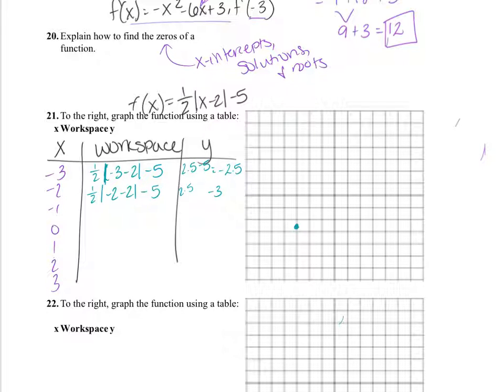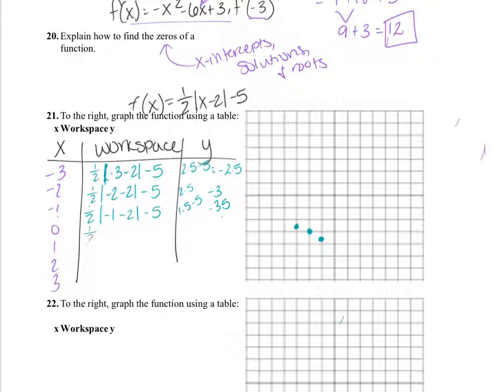So negative 2, negative 3. Then 1/2, negative 1, minus 2, minus 5: half of 3 is 1.5, minus 5 gives us negative 3.5. So x is negative 1, y is negative 3.5.